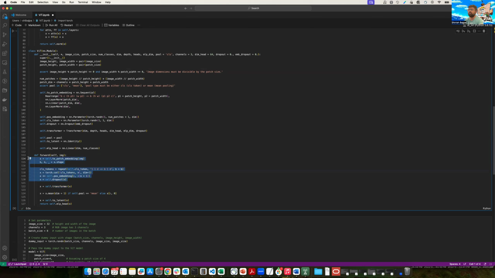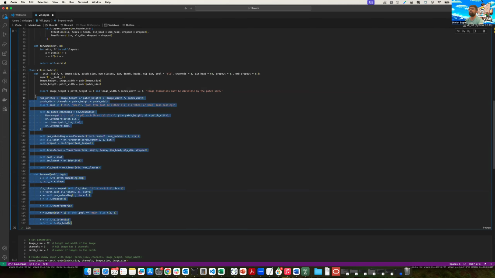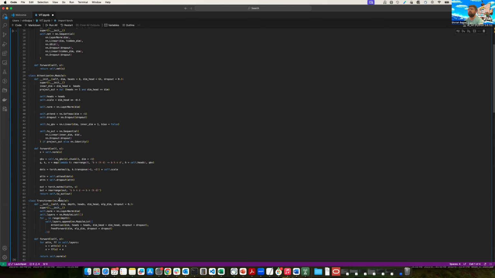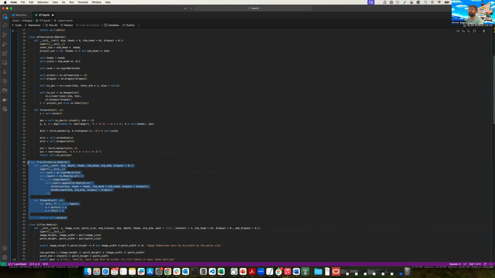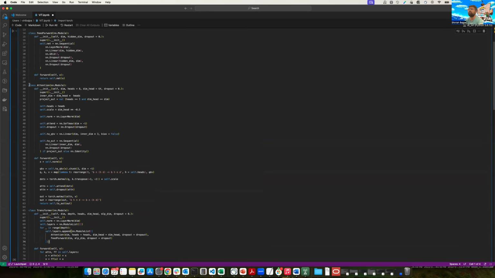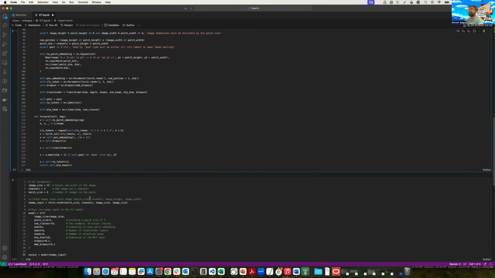This is new, completely different, basically for image processing. Then there is the transformer layer, and it's done. So this is the vision transformer module, and then we have the transformer class, right? And the transformer uses attention, so we have a self attention class, and we have feed forward here, right?